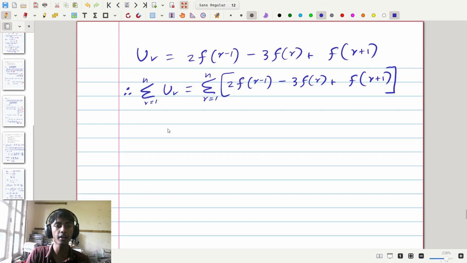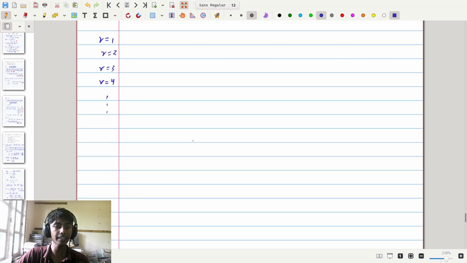So to do that, I'm going to consider r equals 1, r equals 2, r equals 3, and maybe r equals 4. And going down on the other side, on the maximum side, I'm going to consider r equals n minus 3, r equals n minus 2, r equals n minus 1, and r equals n.